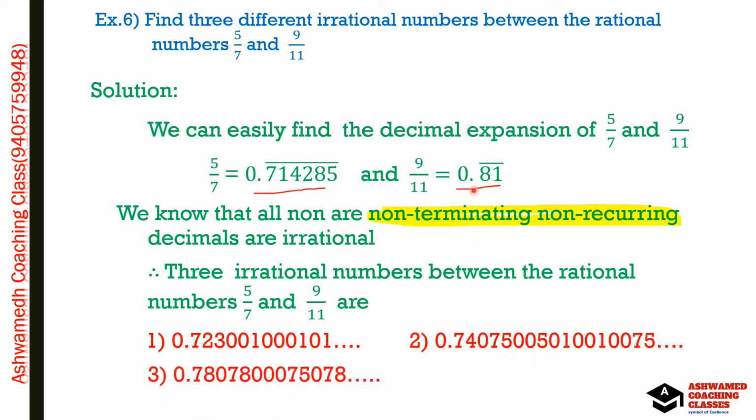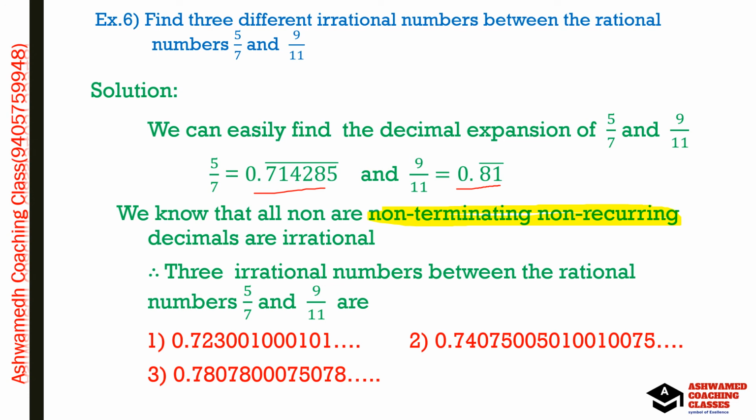This is less than 0.81, so 0.78078000075 and so on. That dot dot dot means it is non-terminating and no block is repeating. So it is very simple to write irrational numbers between any two rationals. One more thing, there are infinitely many irrationals between any two rationals.